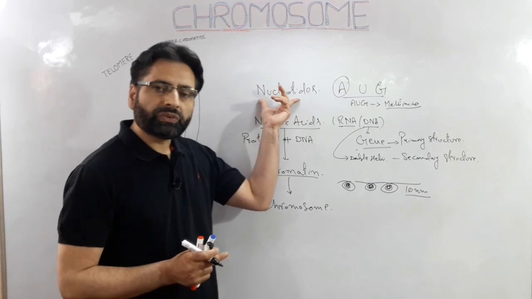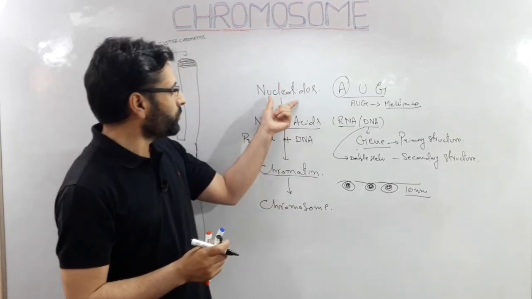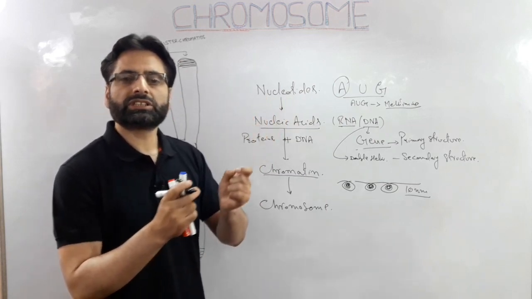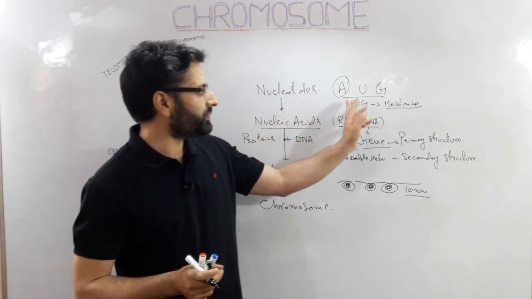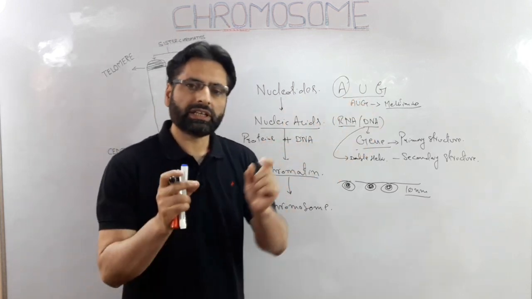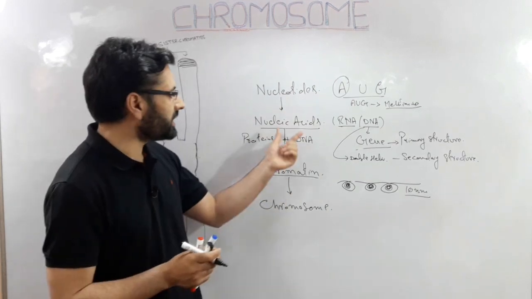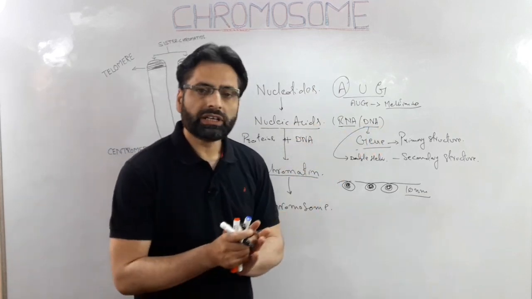At the base level, we are having this nucleotide, and as I said, this nucleotide in itself at an individual level is meaningless. It is not having any meaning. When this nucleotide is arranged in a specific sequence, then only it can have a meaning. Nucleotides are arranged in a specific sequence in the nucleic acids, and we are having two nucleic acids, RNA or DNA.